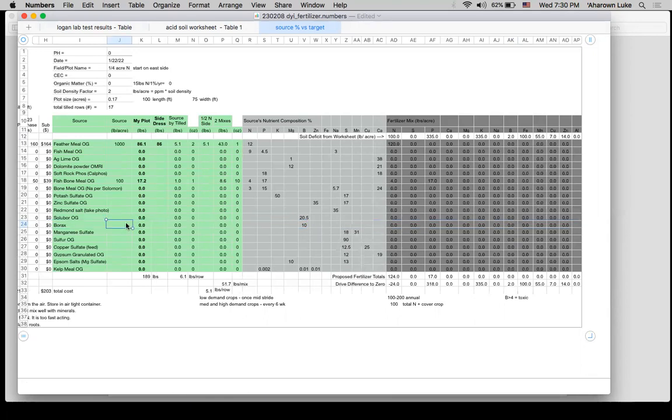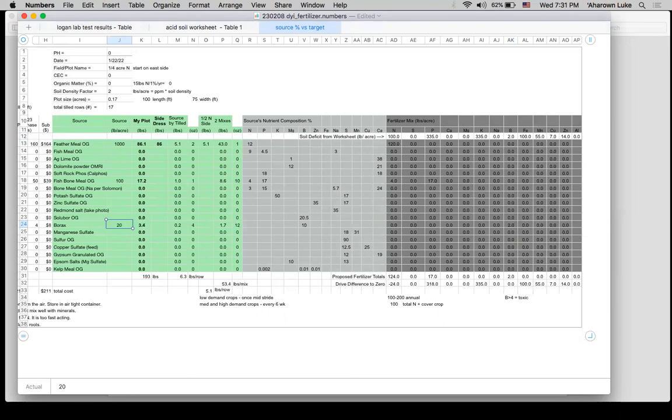fill in here like you're going to want, borax is 10% boron. So if I want 2 pounds, I'm going to do something like 20 pounds.